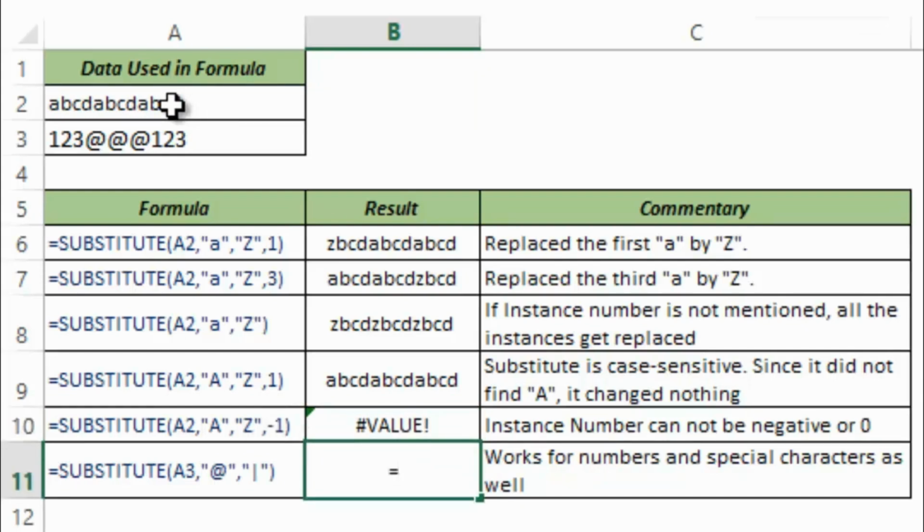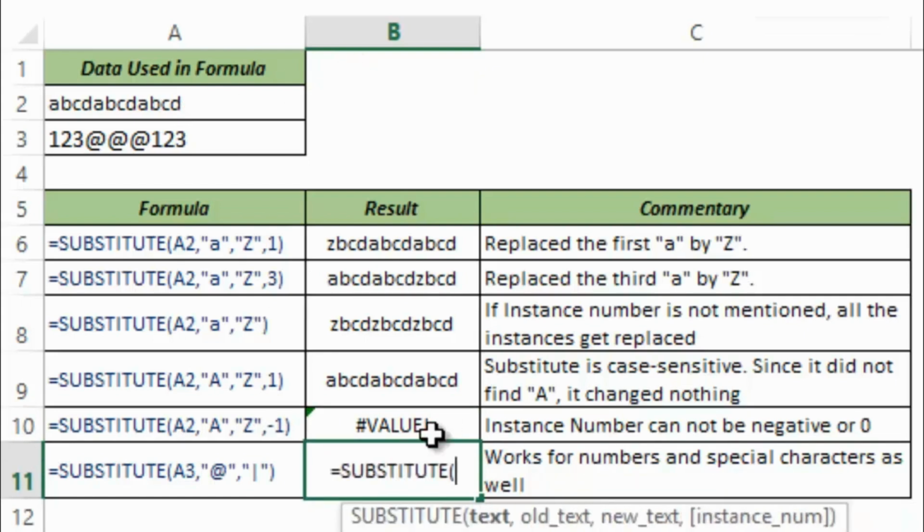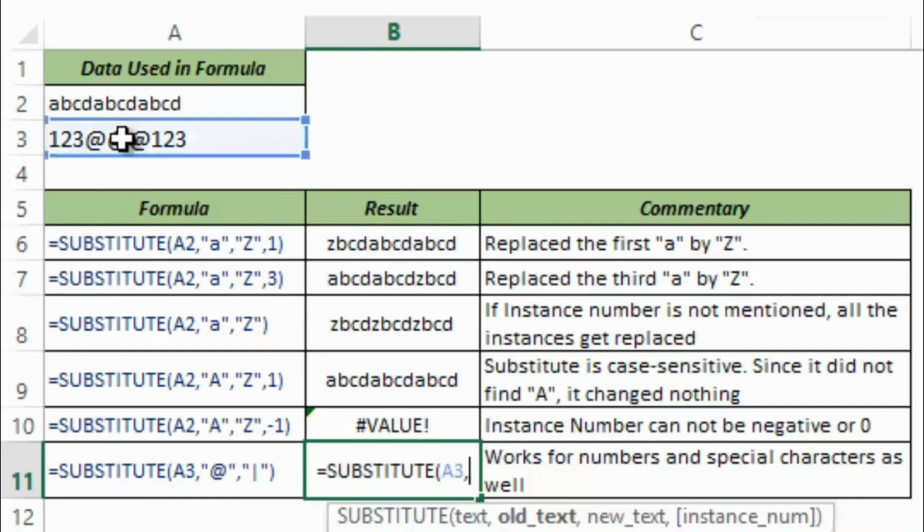This function works well with numbers and special characters as well. So let me show you how this works. I put the substitute function in the cell. I select A3 as the text. In old text I use @ which is there in cell A3, and I want to substitute this with this bar.